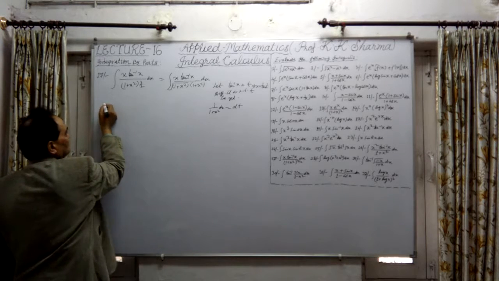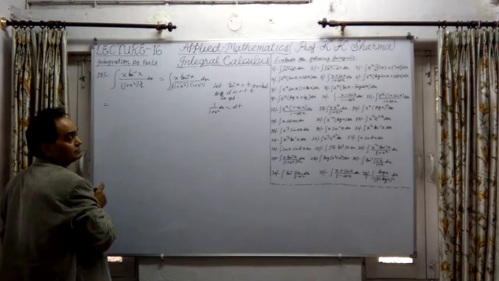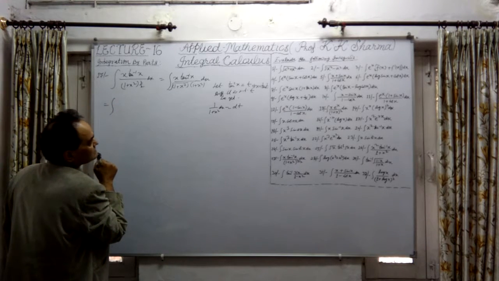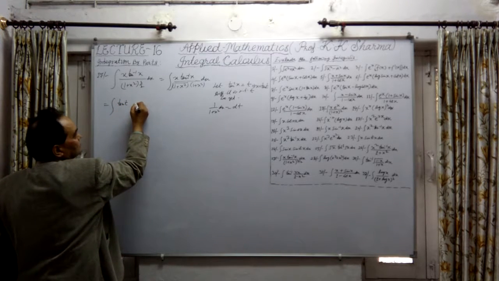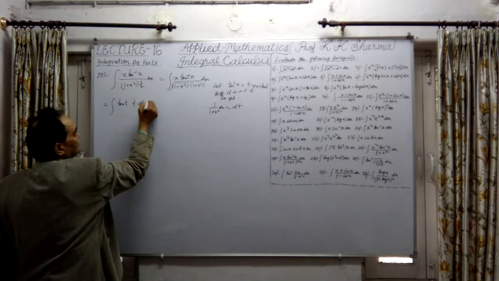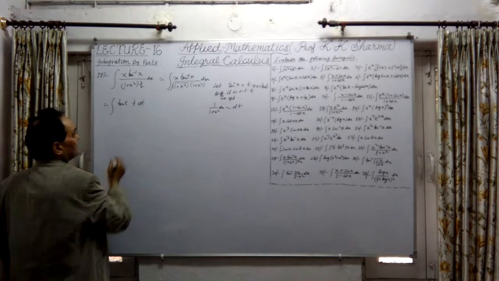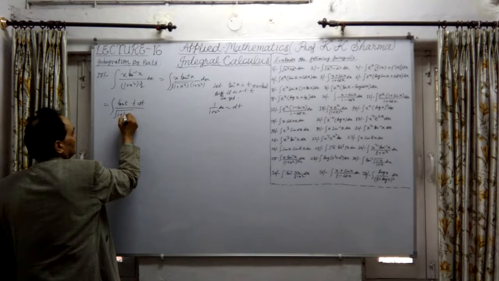Let's convert this whole value, substituting these two values and x equal to tan t in this equation. x means tan t, and tan inverse x is t, so it is tan t into t into dt, upon 1 plus tan square t.